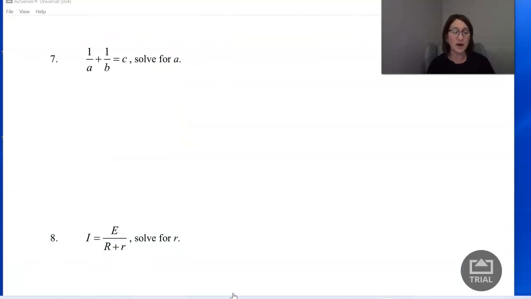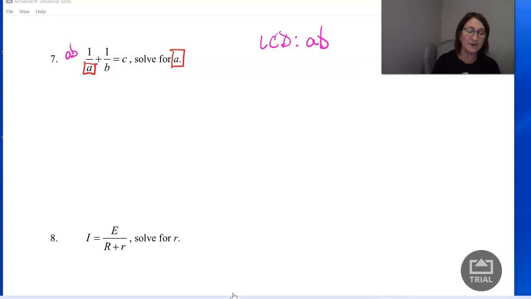All right, this one, it's asking us to solve for A, and A is in the denominator. So, same thing as before. We are going to find our least common denominator, and that in this case is AB. So we're going to multiply everything, including the C, times that AB.